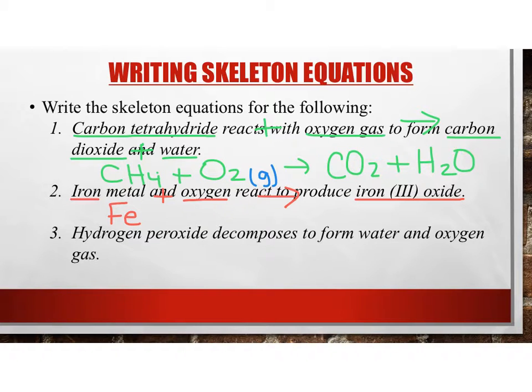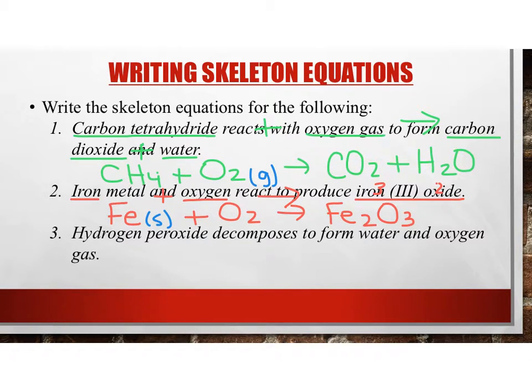Iron is not a Hofbrinkel, so we don't write it with a 2, but we do know that it is a solid. And oxygen. Oxygen is a Hofbrinkel. React to produce iron 3 oxide. Because that's an ionic compound, I know that iron has a 3 charge, oxygen's a 2 charge from my periodic table. So that's going to produce Fe2O3.